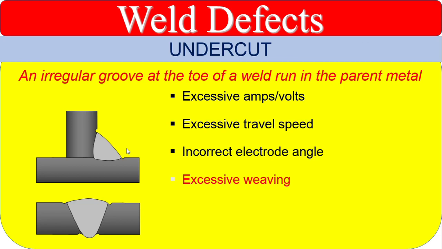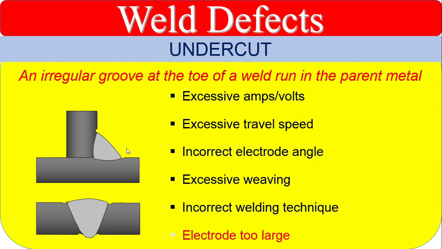Incorrect welding technique: if the welding technique is different, with different characteristics, current, amperage, voltage, definitely the undercut could appear. Last is electrode too large. If the electrode is too large, definitely the undercut could be created. So you understand what undercut is and what the reasons are for it to be created.